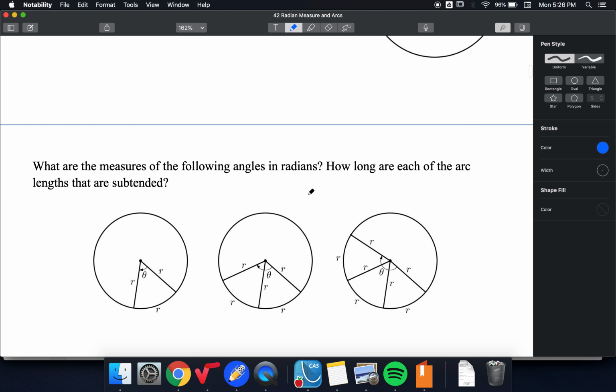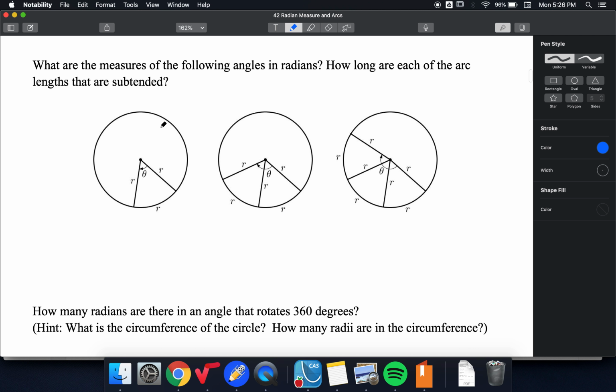So let's look at what's happening down here. So here, this angle theta has mapped out 1 radius. So theta 1 is 1 radian. This bigger angle theta has now mapped out 2 radiuses. So theta 2 is 2 rads.